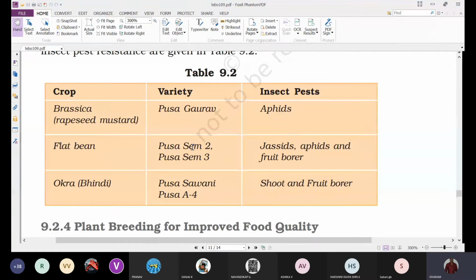For this, they have developed resistance against an insect called aphid. Against the aphids they developed resistance in this plant variety called Pusa Gaurav in brassica.